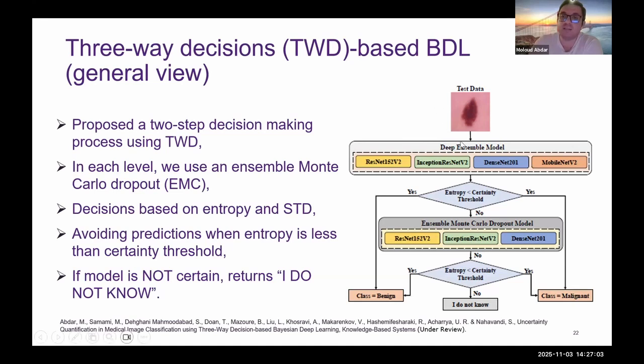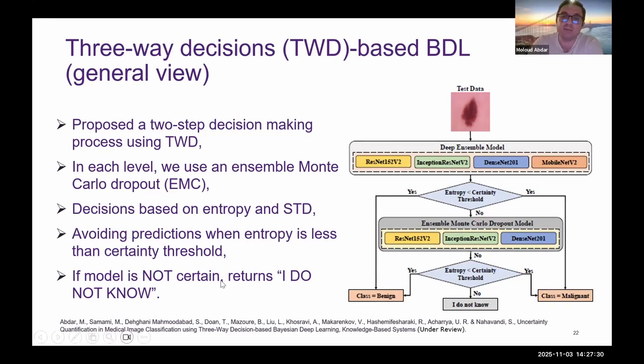So we do multi-stage predictions. And we added one stage to the model saying that for rare cases we did not make predictions because we didn't know. We returned those samples saying that we don't know or we are uncertain.